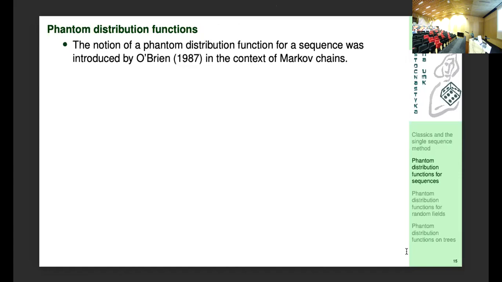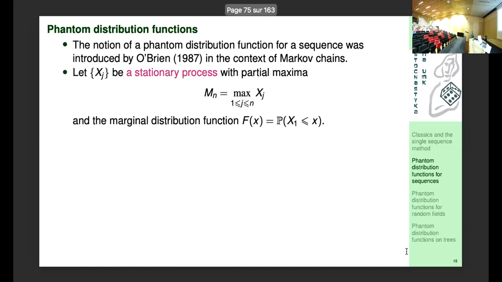Using the renewal structure of Markov sequences, Markov chains, he was able to define such a phantom distribution function by a given formula, in a sense. But after extracting, it seems that this idea is much more pliable. That means we can find many more examples than only Markov chains.